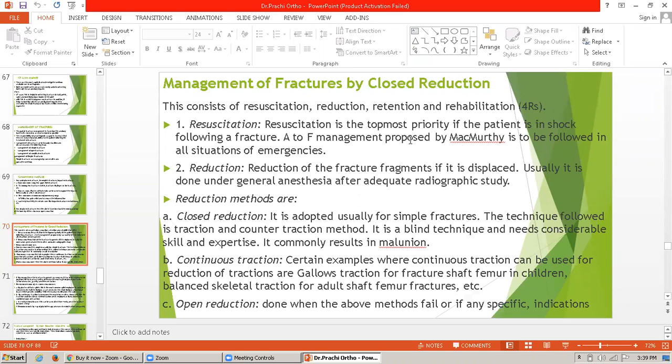Then reduction of the fractured fragment, if it is displaced, is usually done under general anesthesia, that is GA, and after adequate radiographic study.